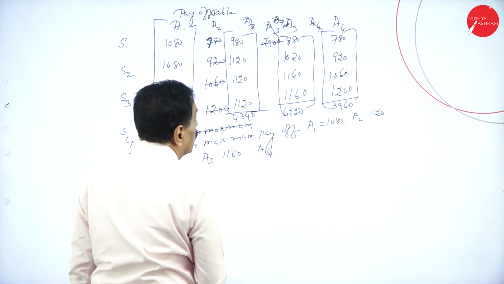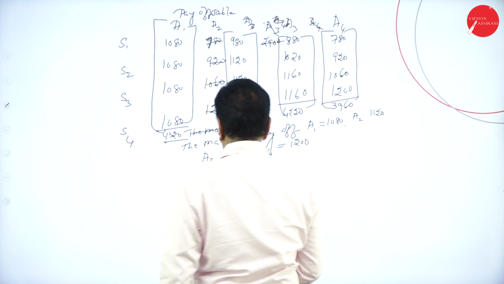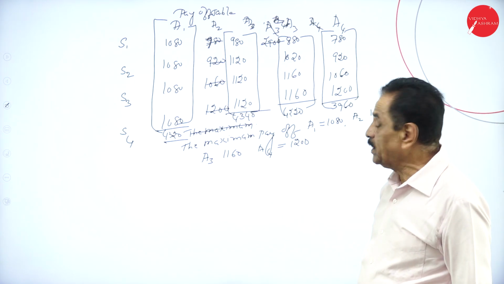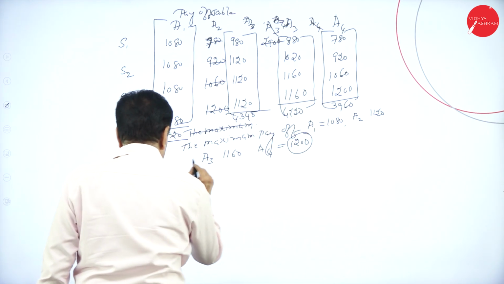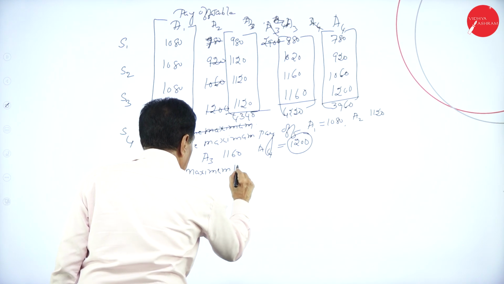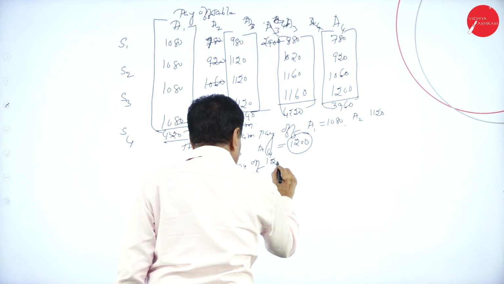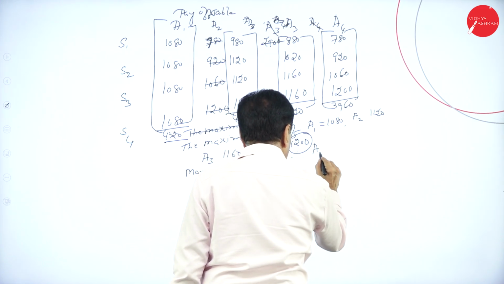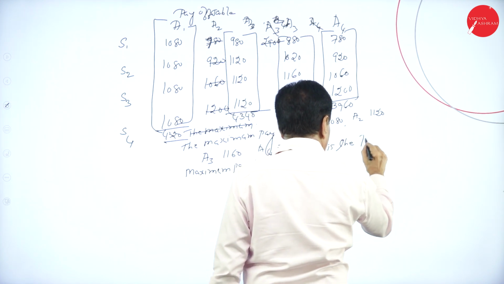A4, 1200. So the maximum among A1, A2, A3, A4, which is the highest one? 1200. Maximum payoff 1200. Therefore, A4 is the best act.